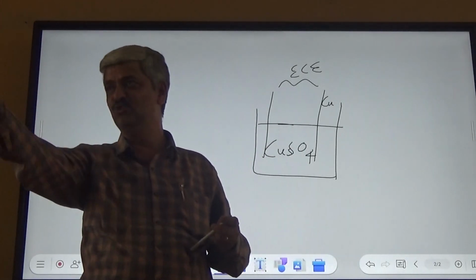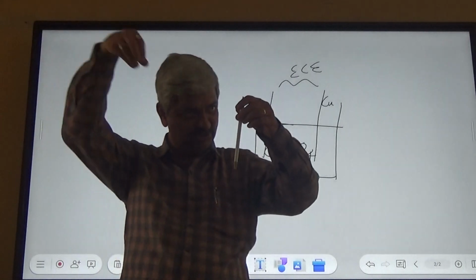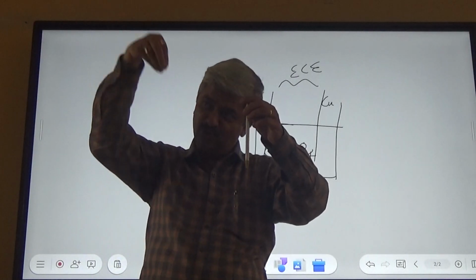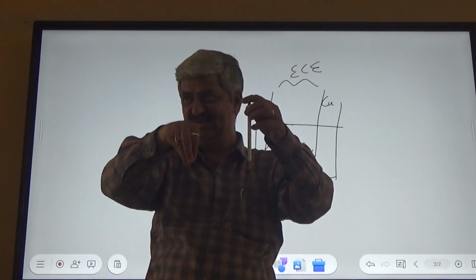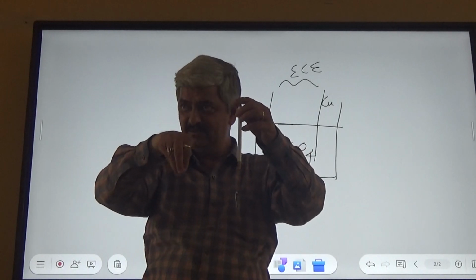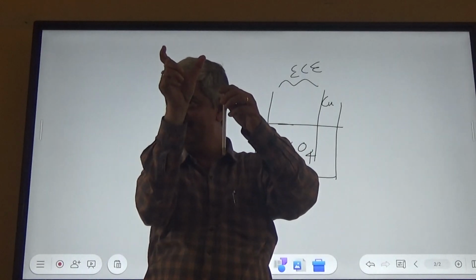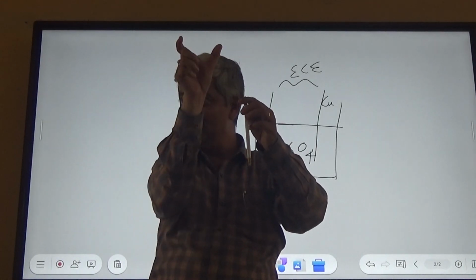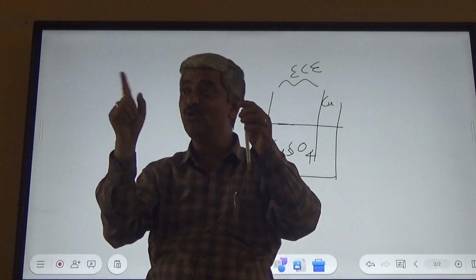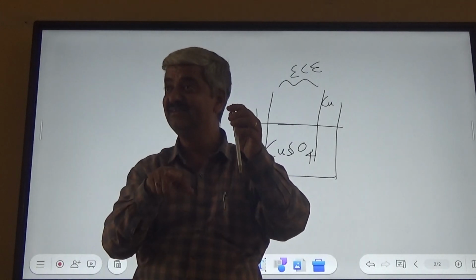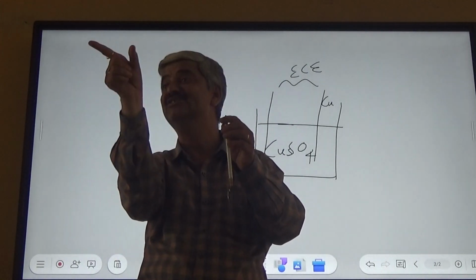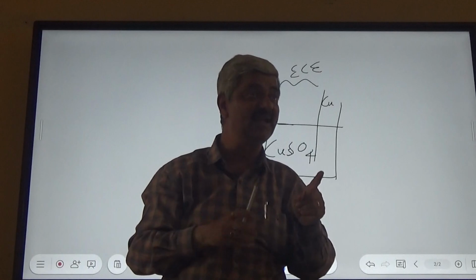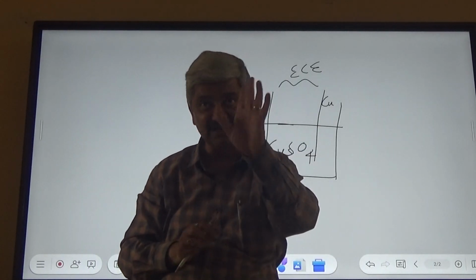Bring copper sulfate crystals, put them in. When you put in copper sulfate sufficiently, you will get some voltage. When nothing was put, you were not getting voltage. When you put copper sulfate, you get some voltage. Now even if you go on adding copper sulfate, the voltage will not change. Why? Because that is the property and it is independent of concentration.